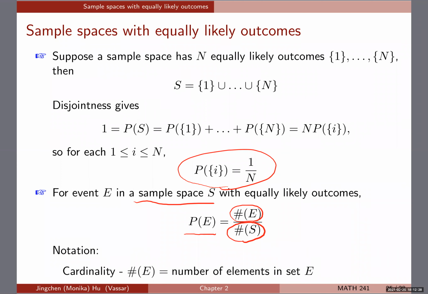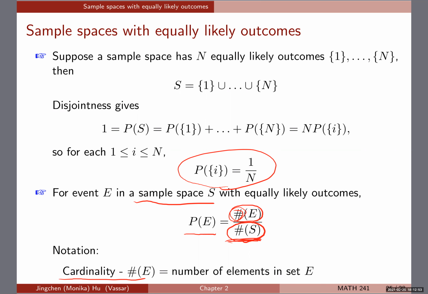So if I count how many elements, in our case capital N, in the denominator, in the numerator we just need to find the number of elements in our event E, which is what we defined as cardinality. This pound sign represents cardinality, the number of elements in set E, and then we're able to get the probability of event E pretty directly.